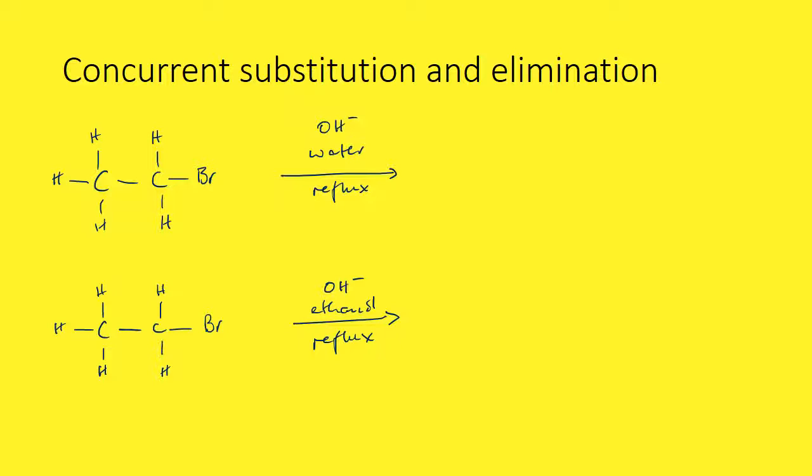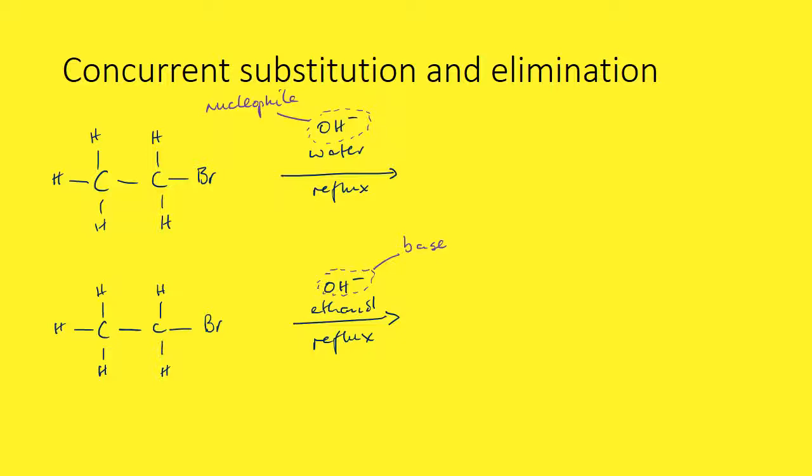But I want to make quite sure that you know that this hydroxide ion in the substitution mechanism is a nucleophile, whereas the hydroxide ion in the elimination mechanism is acting as a base, i.e. a proton acceptor.